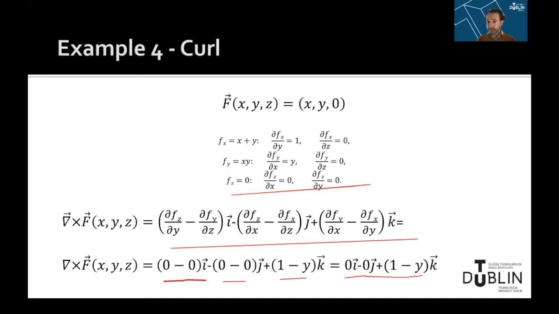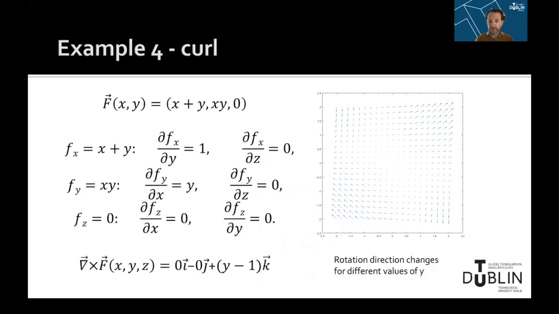So this is complicated because you have to put in values of y to find out the rotation part. So what does it look like? Rotation direction changes for different values of y. If I put y equal to, maybe let's do y equal to minus 2, we should have some clockwise rotation.